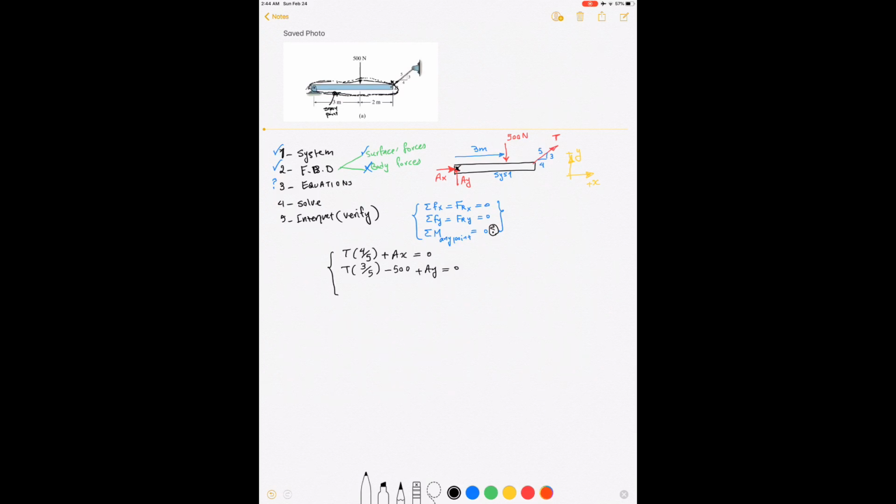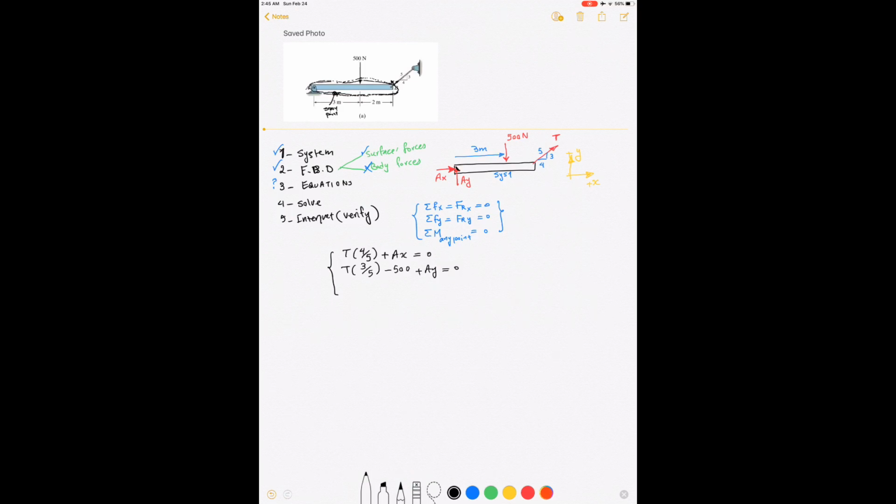If I choose a point like this one right here, then I'm going to have a moment from force T, a moment from 500, and a moment from both Ax and Ay. So I'm going to get one equation and all three unknowns are going to show up in it. So the system of equations becomes coupled and the solution procedure becomes longer, right? I am not going to do that because it makes my job a little bit harder.